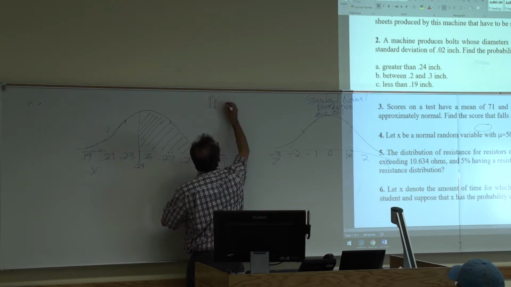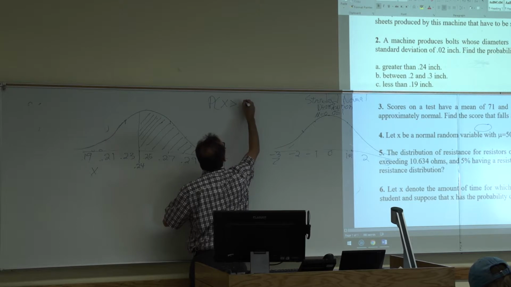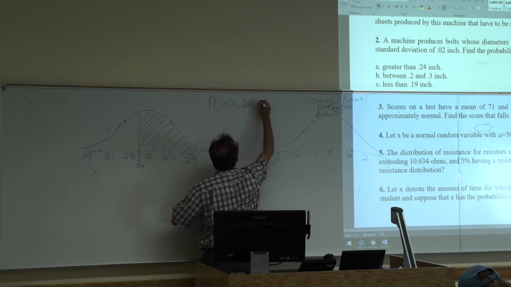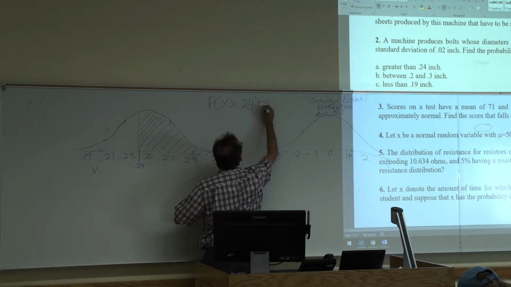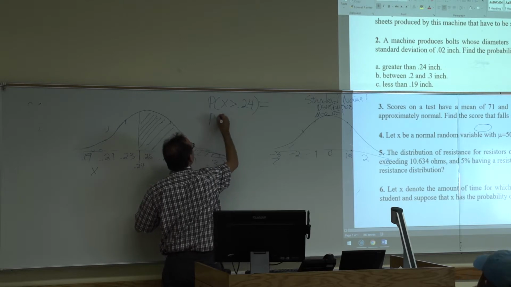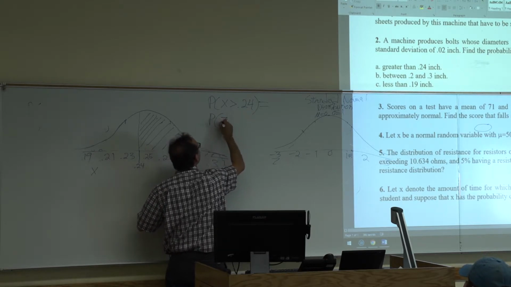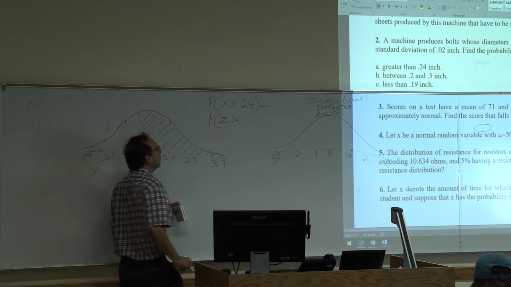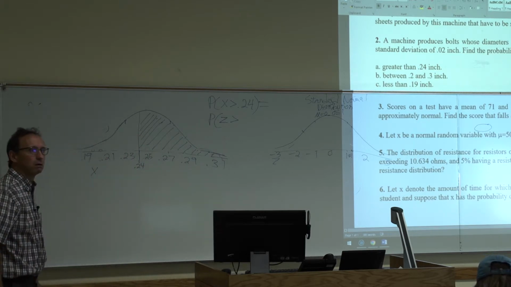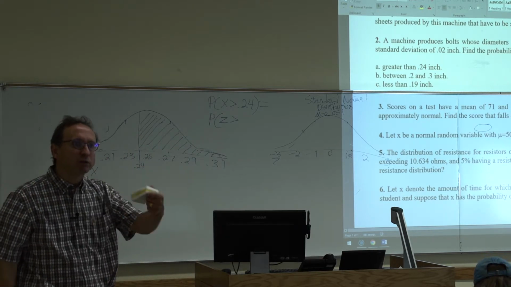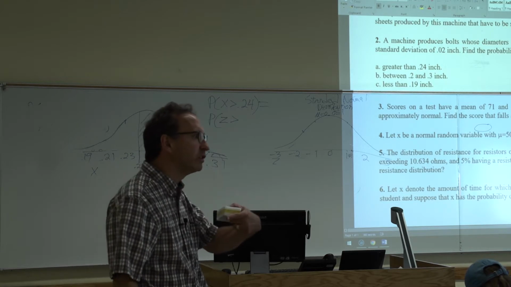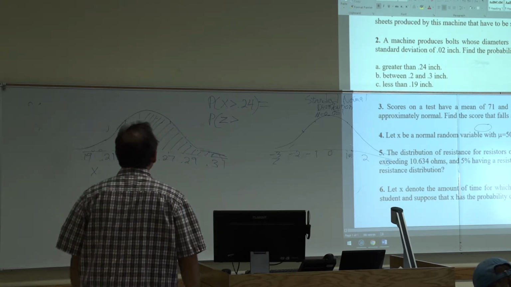The probability that x is greater than 0.24. Now if we convert to z, what do we get here? The probability that z is greater than what? You need to convert that 0.24 to a z-score. If you do that, what do you get?